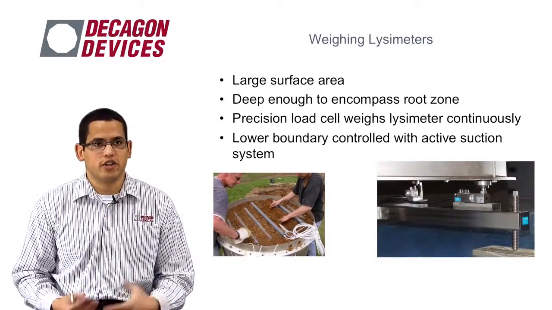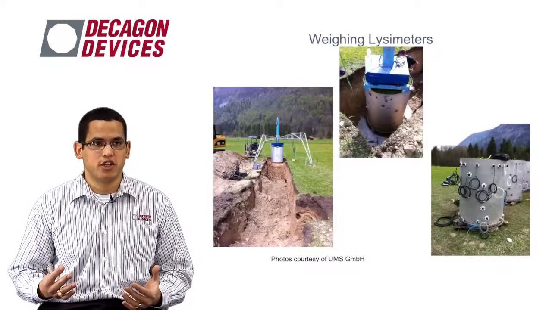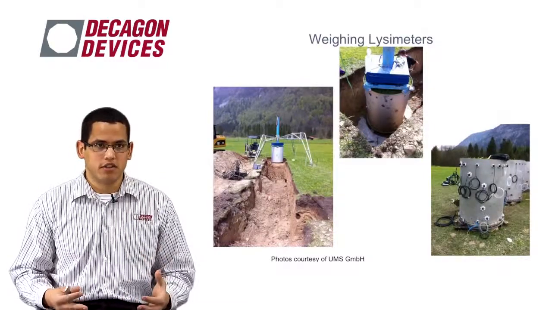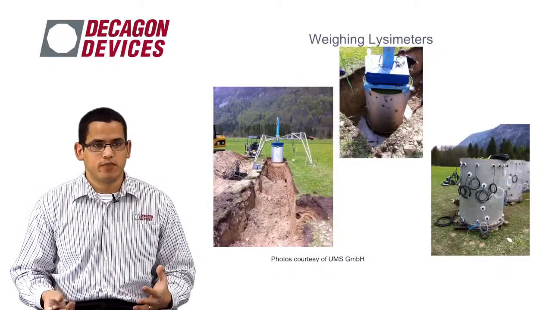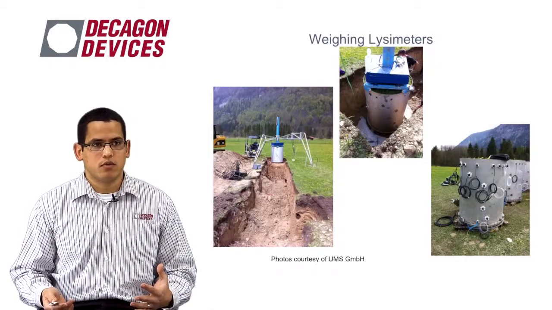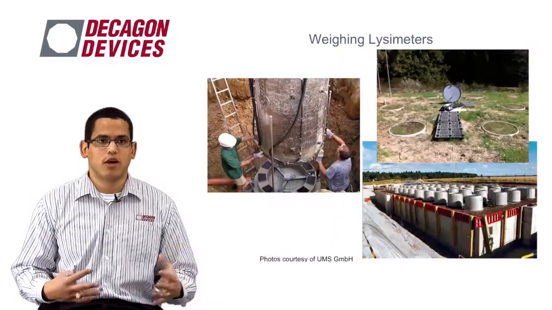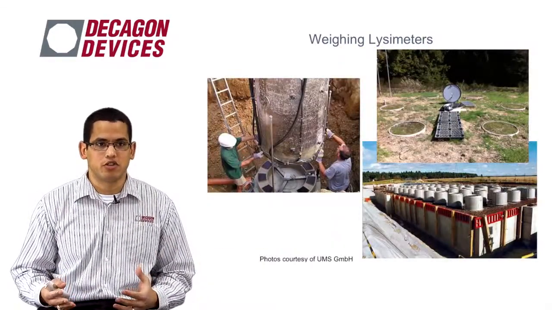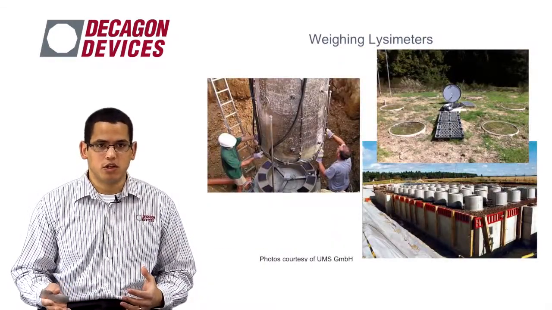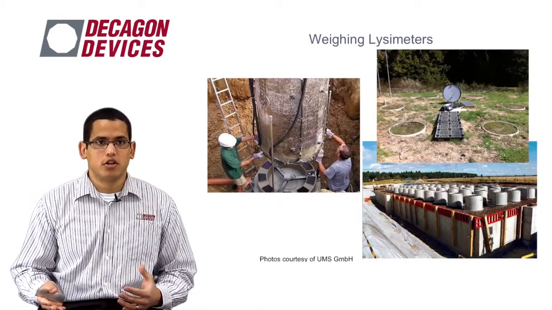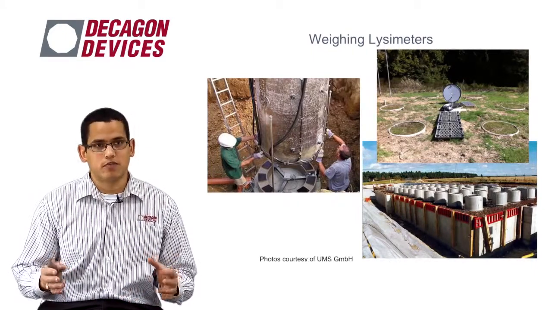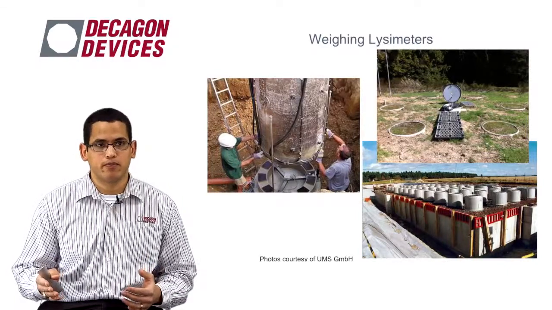So the way a weighing lysimeter would be constructed is you would first take an intact monolith, similar to the ones that you see here. We would then install them in a variety of configurations. You can install them in a large facility, like what you see in this bottom right-hand corner. You could install them in a smaller cluster, like what you see in the top right-hand corner.